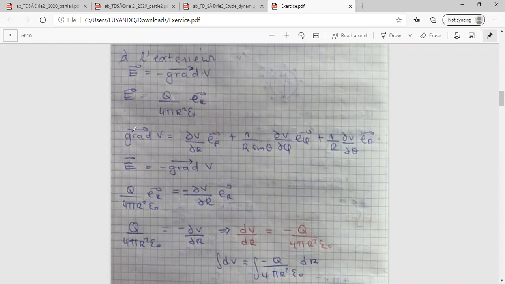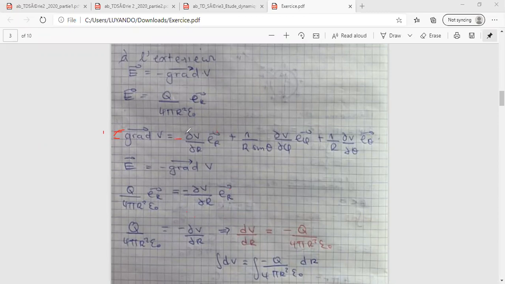Basically, we know that E is equal to negative grad of V. Here the expression gives grad V, but we need negative grad of V, so I multiply the whole expression by a negative.